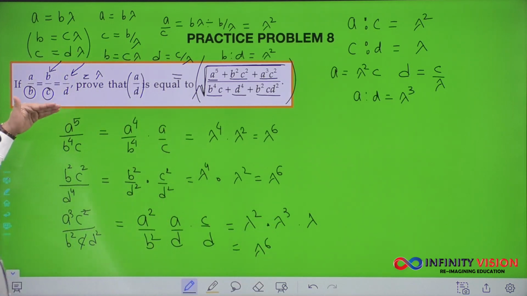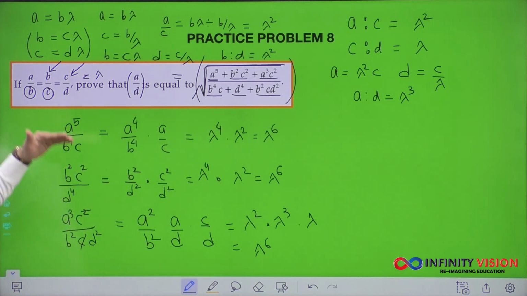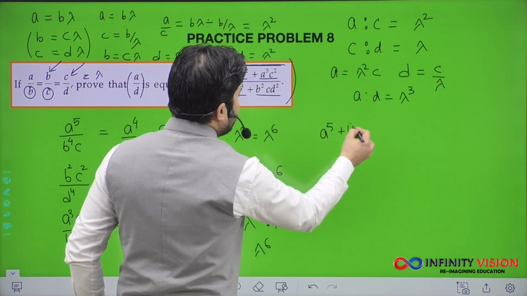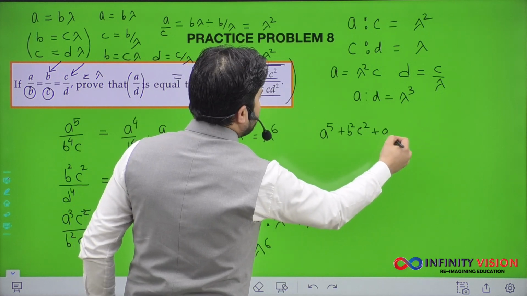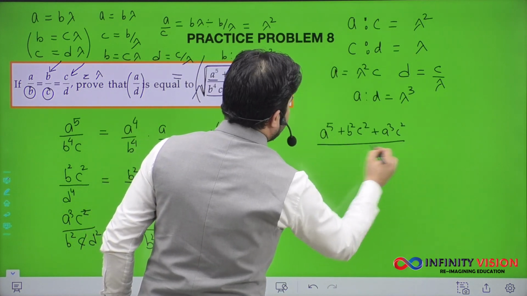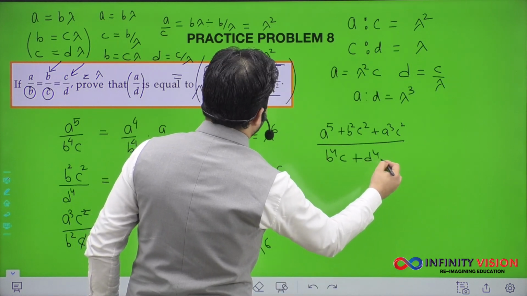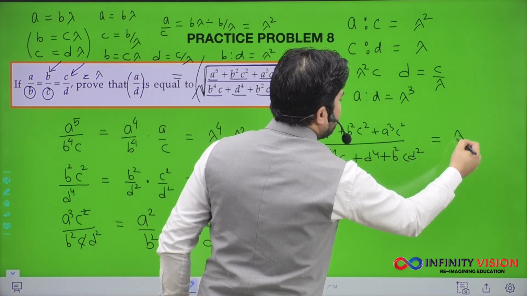So I can definitely say that these three ratios are equivalent to lambda to the power 6, which means all three are equivalent ratios. So I can add the antecedents together and add the consequents together, which will make a to the power 5 plus b square c square plus a cube c square divided by b to the power 4c plus d to the power 4 plus b square cd square equivalent to lambda to the power 6.